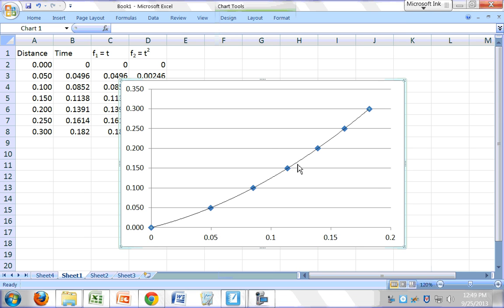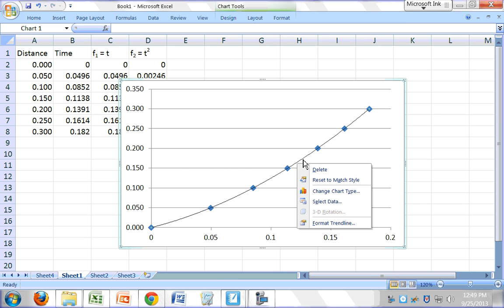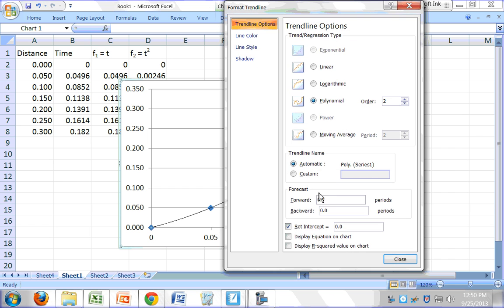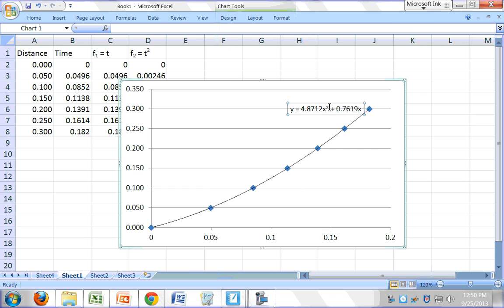And if you want to format your trend line, you can show the equation. Display the equation on the chart, and there's your equation right there. Drag it, and then you click on it, you can edit it. Superscript. Let's say I want to do meter per second squared, like that.